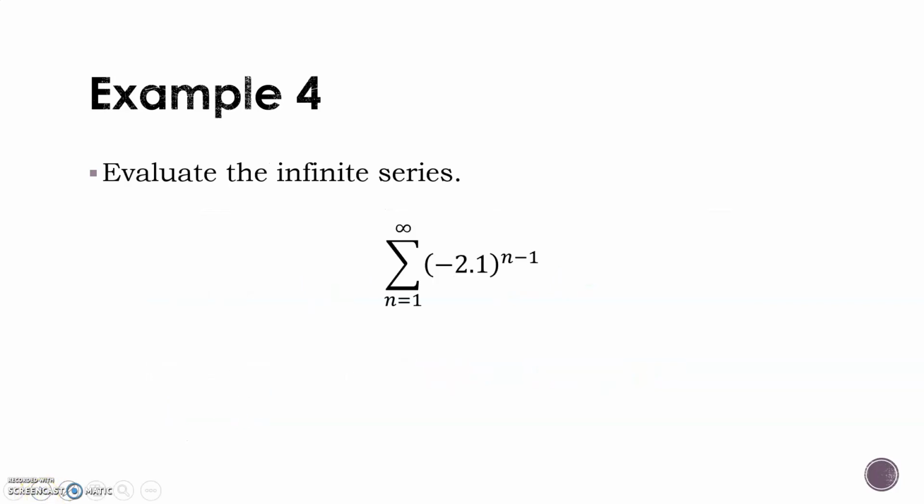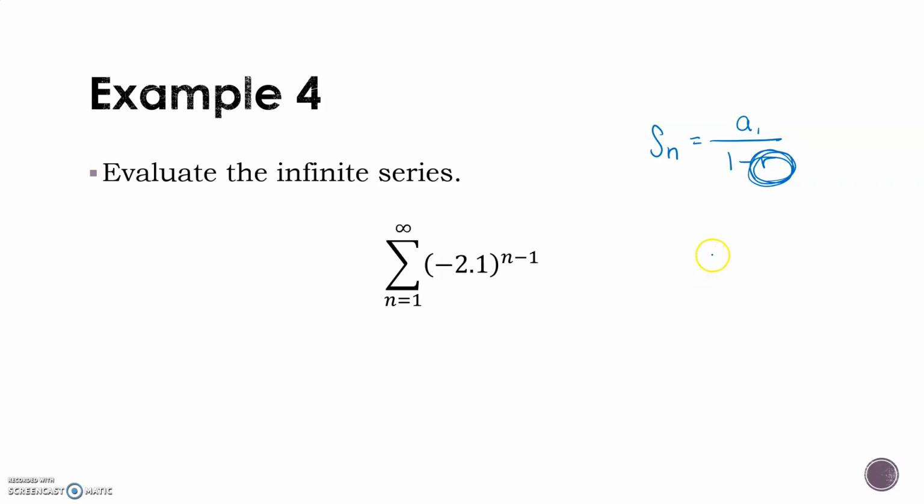All right. Evaluate the infinite series. So our formula for that is S sub n equals a sub 1 all over 1 minus r. So we need to look at our first term and we need to look at our ratio. The first thing I always recommend doing is starting with that ratio.